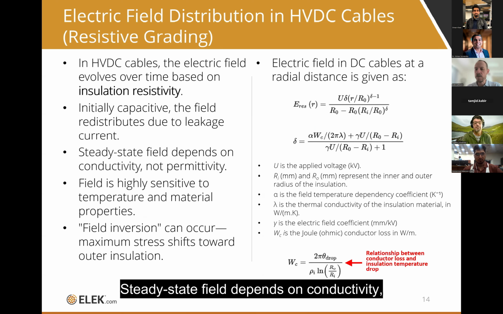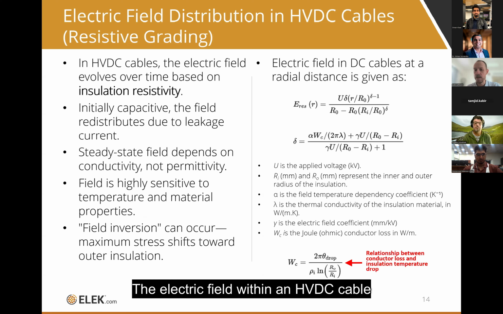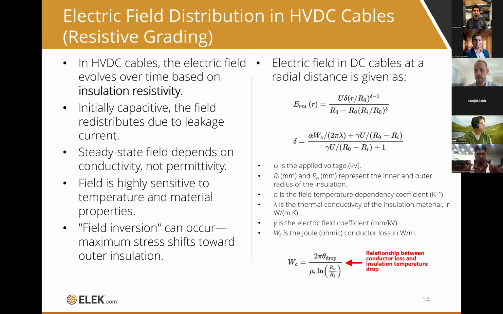Steady state field depends on conductivity, not permittivity, as was seen for AC cables. The field is highly sensitive. The electric field within an HVDC cable is highly sensitive to temperature and material properties of the insulation.